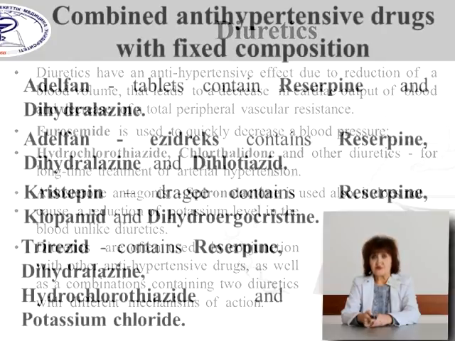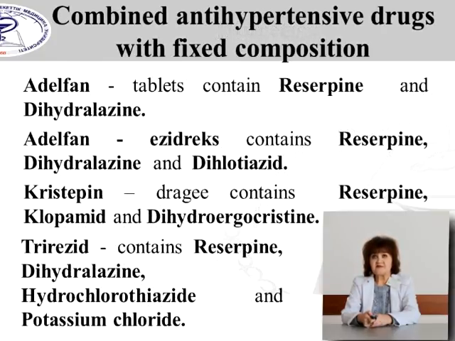Combined antihypertensive drugs with fixed composition. For example, Adelphan. These tablets contain reserpine and dihydrolazine. Adelphan as a drug contains reserpine, dihydrolazine, and dihlotiazide.